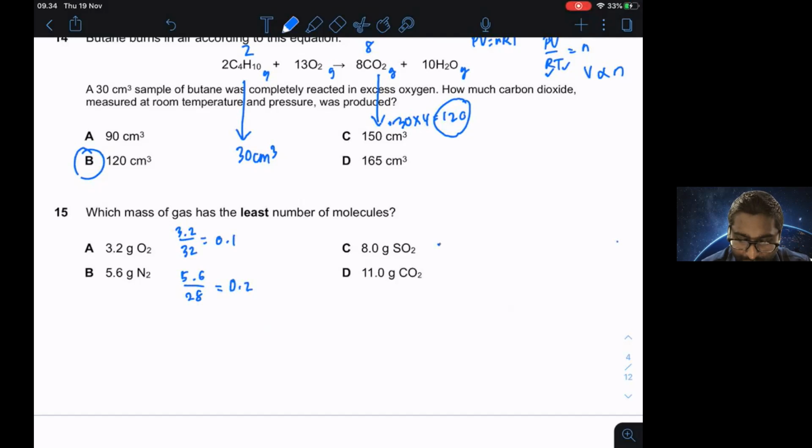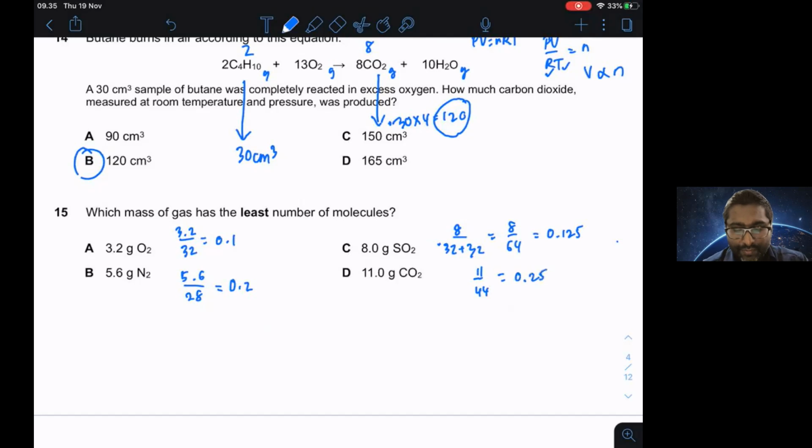And then this one will be 8 divided by 64, that's 16 plus 16 plus 32. So 8 divided by 64 is 1 over 8, so 0.125. 11 divided by 44, that's 0.25.